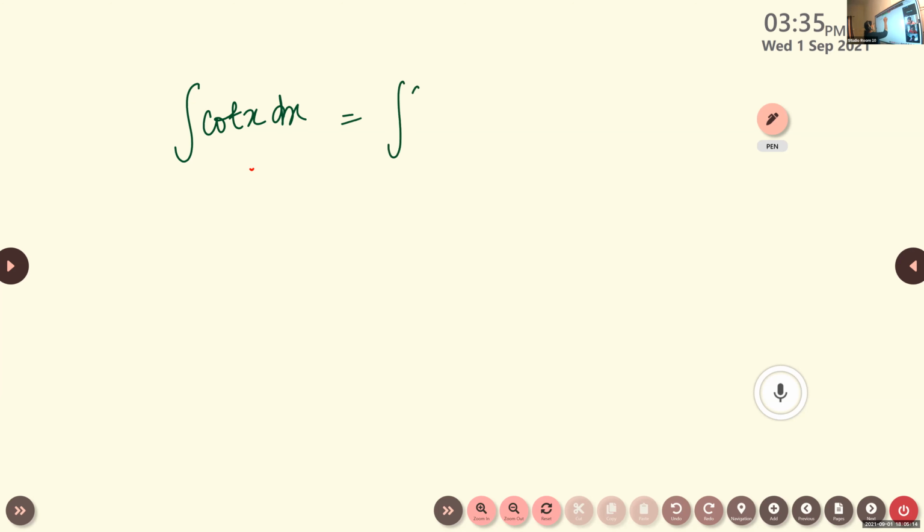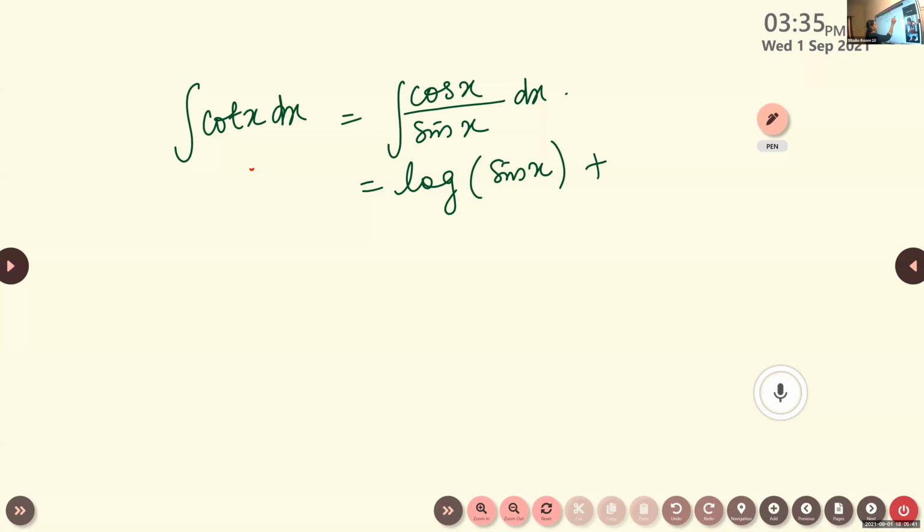We can write cot x as cos x by sin x into dx. Now look here, whether the derivative of the denominator is in the numerator. What is the derivative of sin x? Cos x. So the derivative of the denominator is in the numerator, and we can write this as log of sin x plus c. So integral of cot x is log sin x plus c.